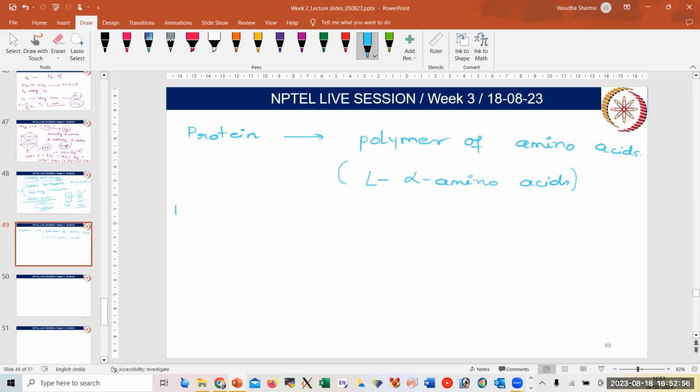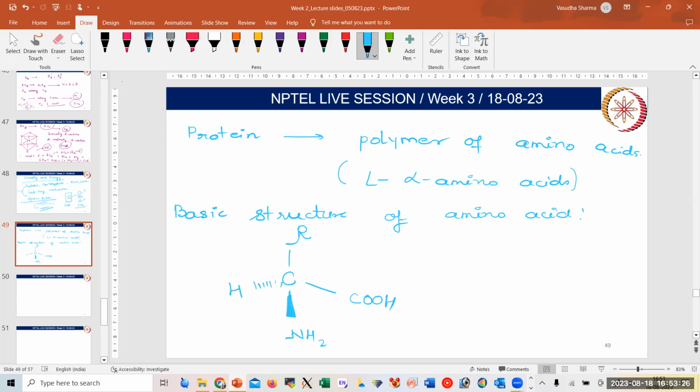So the basic structure of your amino acid is, there would be a chiral center carbon having an R group, which could be anything, the carboxylic group, because we are talking about the amino acid, NH2, and hydrogen at the back.